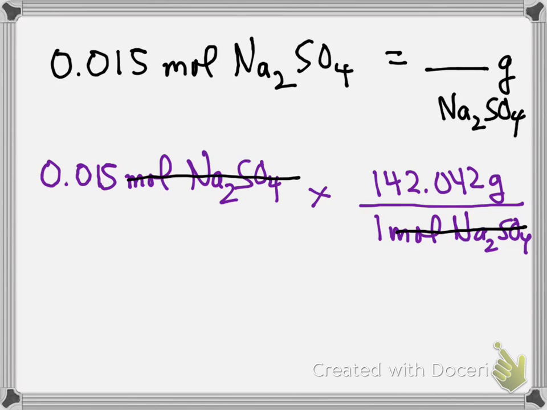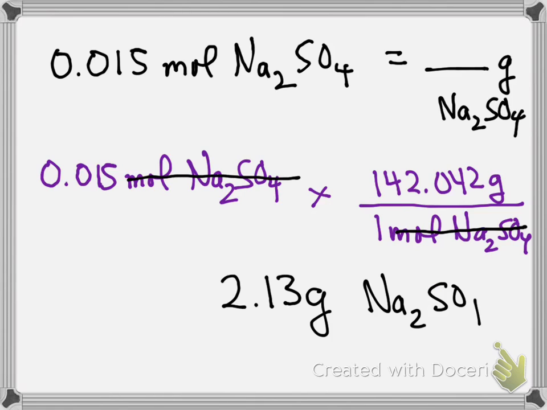And now we just have a simple calculator function to perform. 0.015 times 142.042, and we get 2.13 grams of sodium sulfate.